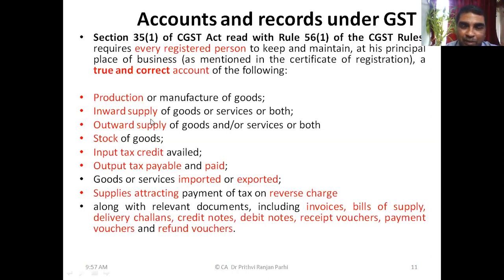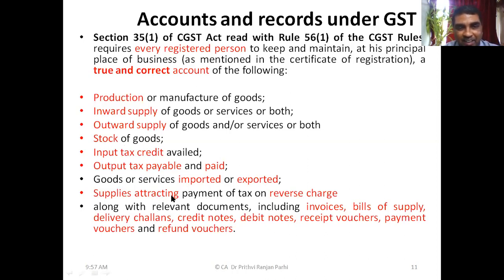Inward supply. Inward supply means, who can say what is inward supply? Purchases. And outward supply, so sales. Supply of services. Yes. Stock of goods. Input credit. Output tax payable. Goods or services imported or exported.